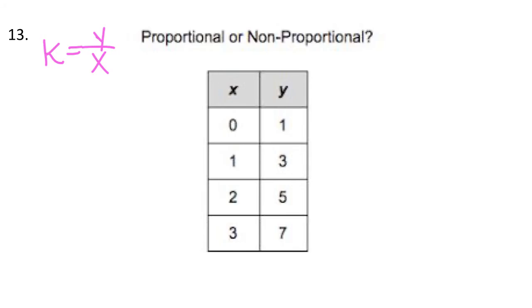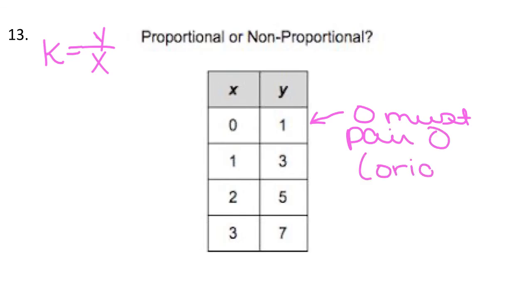Now, on this problem, there is a significant thing that we can look at to determine that this is not a proportional table, and that is the point 0, 1. 0 must always pair with 0 because that represents the origin of the graph. So we must have 0, 0 as a valid point, and 0 cannot be with any other number.